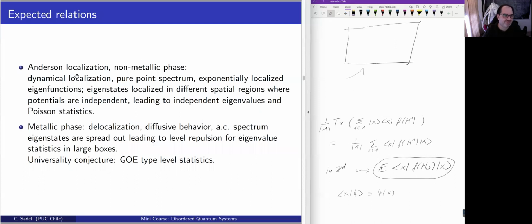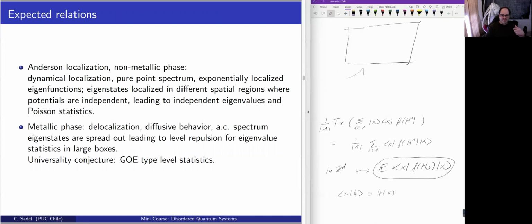In the non-metallic phase, we have what's called Anderson localization. So this is a dynamical localization, pure point spectrum, exponentially localized eigenfunctions. And because of this, eigenstates that are localized in different spatial regions where potentials are independent will lead more or less to independent eigenvalues, right? In these kind of big boxes.